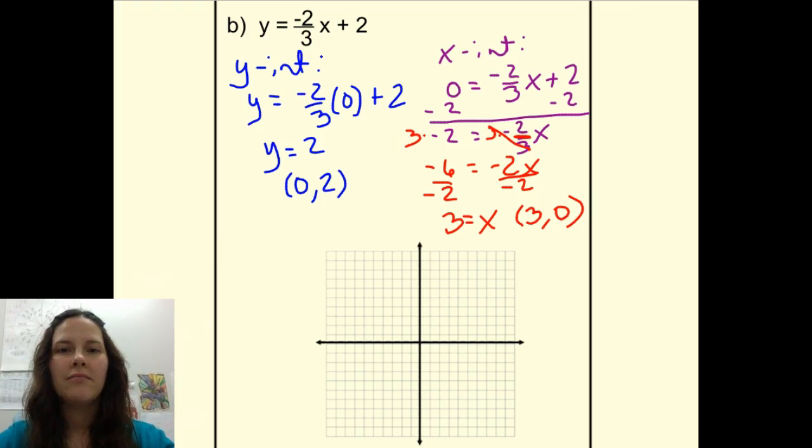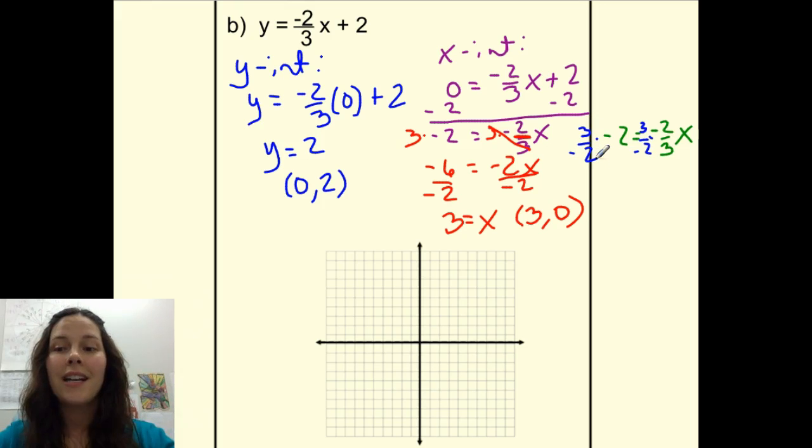In my right-hand column, I'm going to show you how to do that in 1 step. So we had -2 equals -2/3 x. To cancel both the multiplying and the dividing at the same time, you multiply by the reciprocal. So you can multiply both sides by 3 over -2.